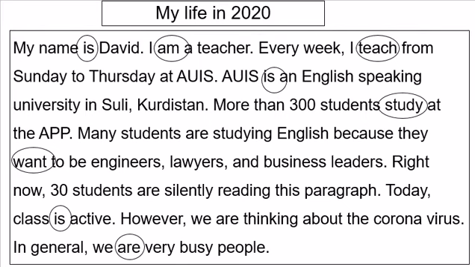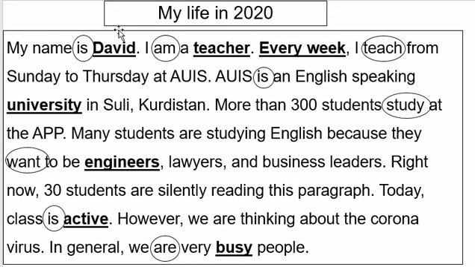And so, for example, how do I know that is present simple, and how am I using it? What kind of information do I see? Well, one by one, I take each sentence and I look for why is this used. So my name is David.